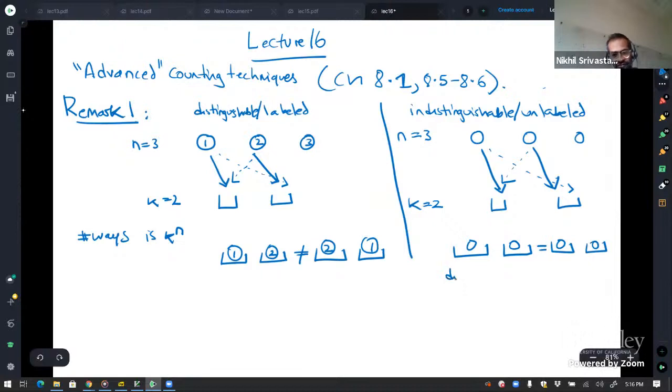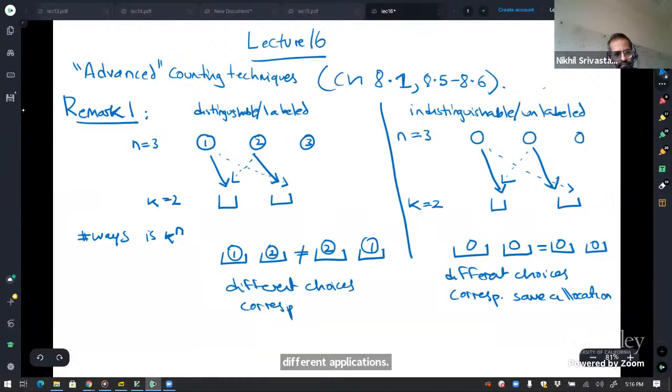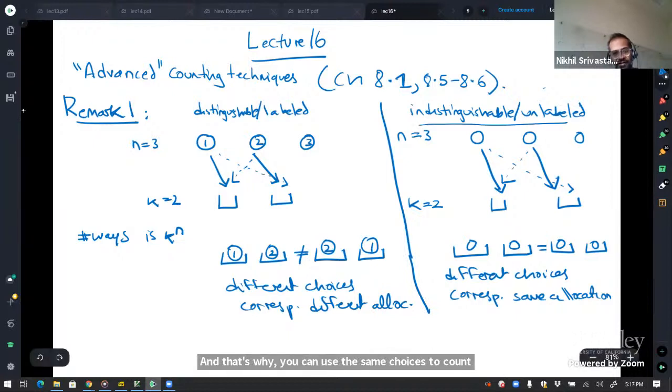So here you have different choices corresponding to the same allocation, and here you have different choices corresponding to different allocations. That's why you can't use the same choices to count the number of allocations on the right-hand side.